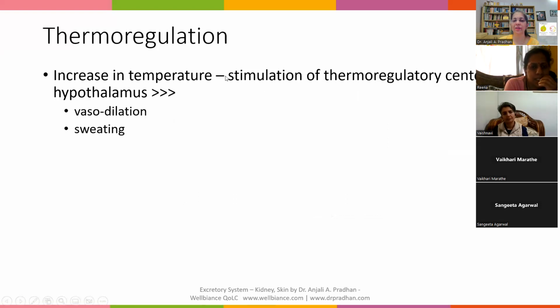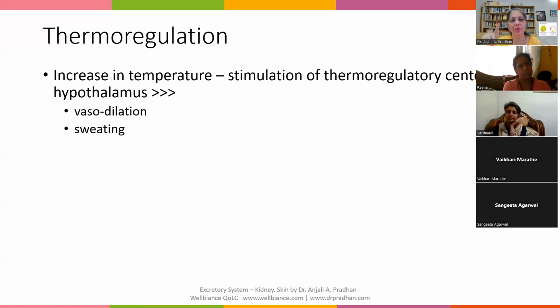So how does thermoregulation happen? Whenever there is an increase in temperature, what happens? Stimulation of the thermoregulatory center in the hypothalamus. You are feeling hot. So when you are feeling hot, at that time the thermoregulatory center in the CNS, in your brain, is stimulated.